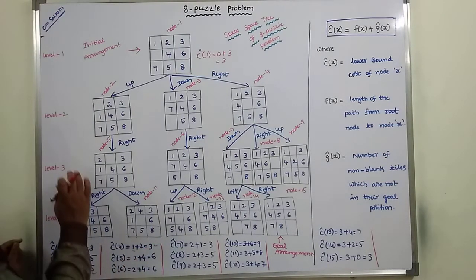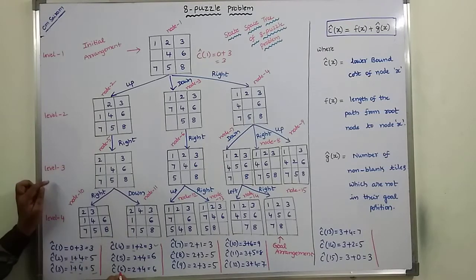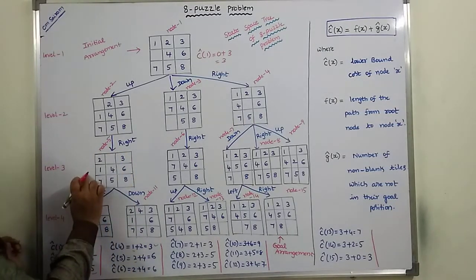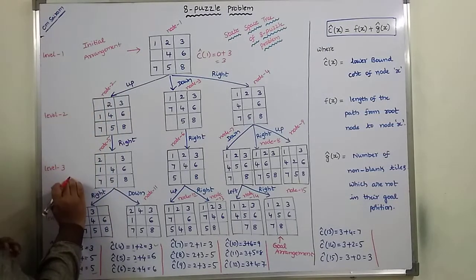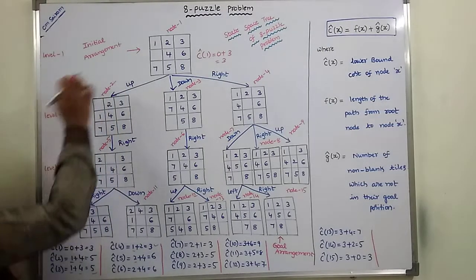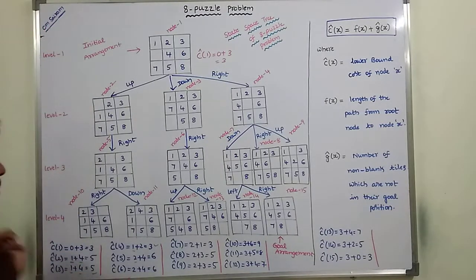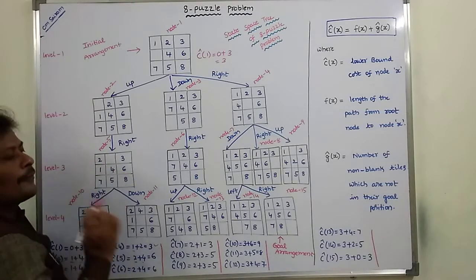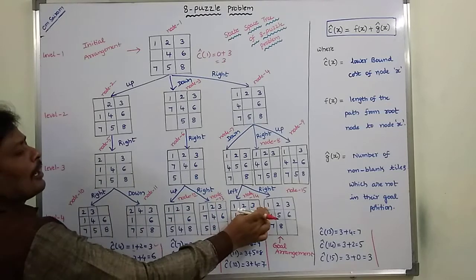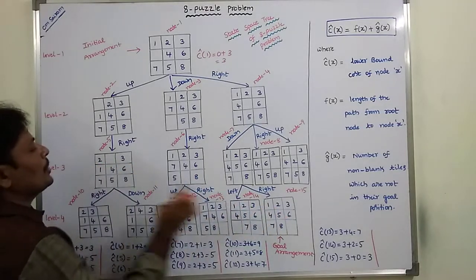Okay. Now go for this one. This node is node 5. So node 5, what is the length of the path from root node to this node? This node is at level 3. The root node is at level 1. 3 minus 1, that is 2. Plus how many wrong positions are there? First one, wrong position. Second one, wrong position.